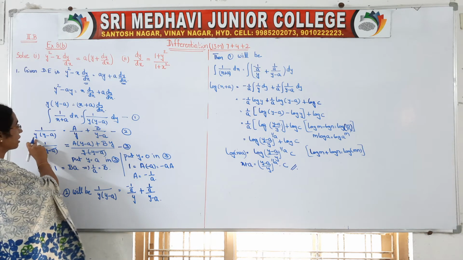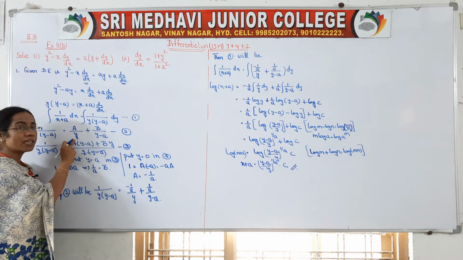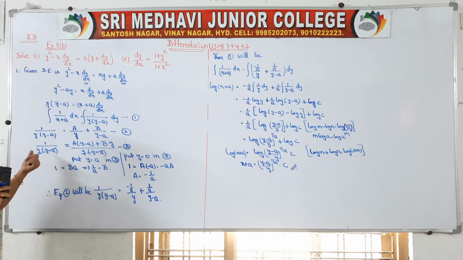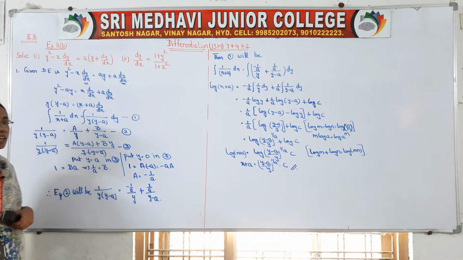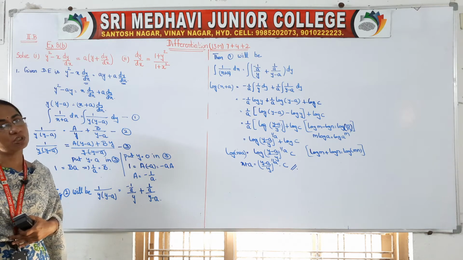For each linear factor we take one fraction, constant by that value plus constant by that value. Then simplify and get your A and B values. To get A and B, we have to select y in such a way that one term remains and the other term cancels.